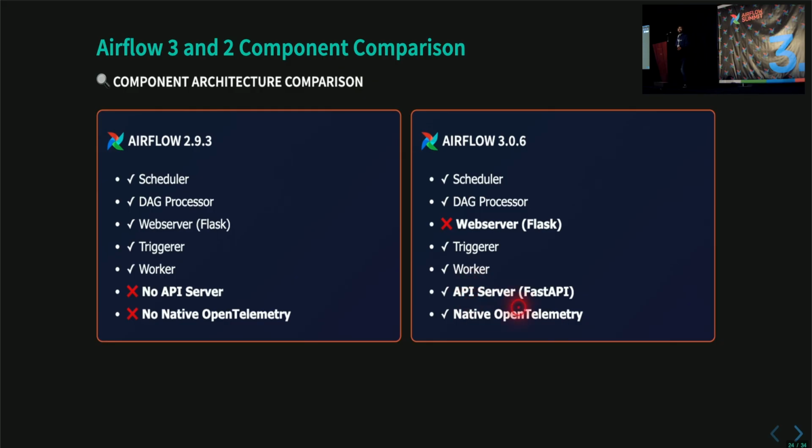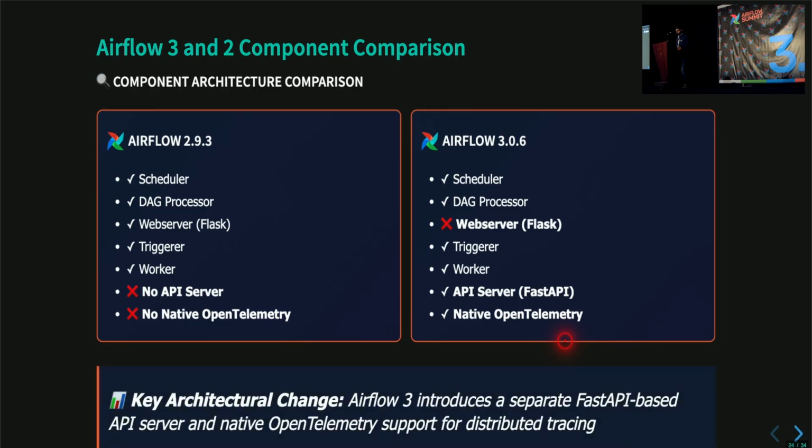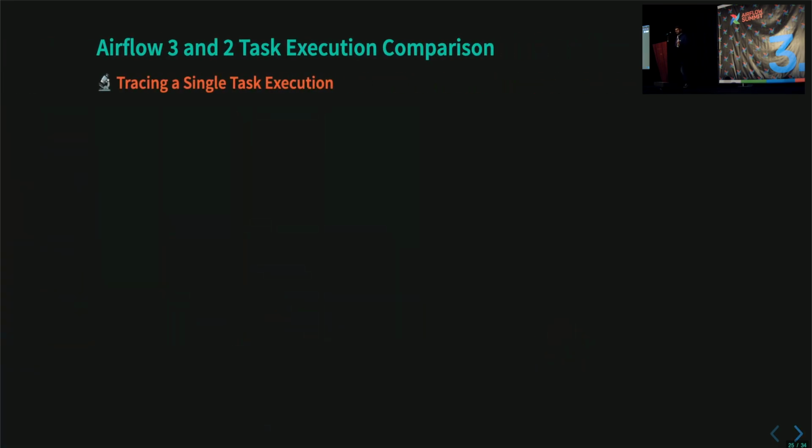And it has an API server, and has native support for OpenTelemetry. Okay. So with just a little bit of observation, we have found a few of the main architectural differences. And it didn't take us to any big documentation or any special talk or anything. It's you on a screen doing your things.